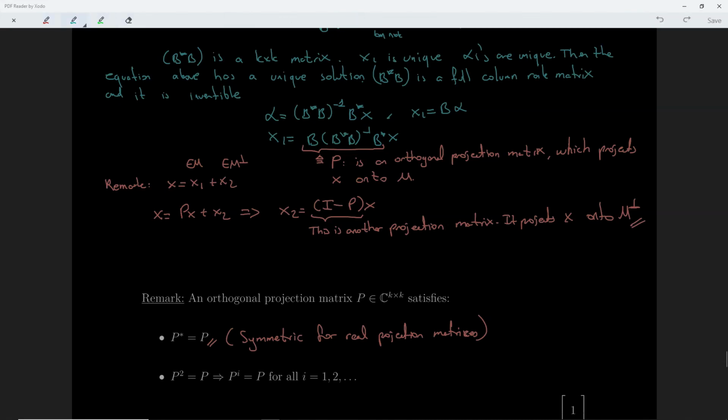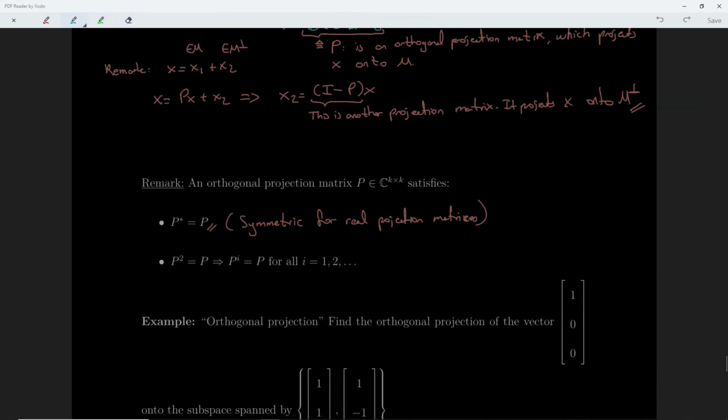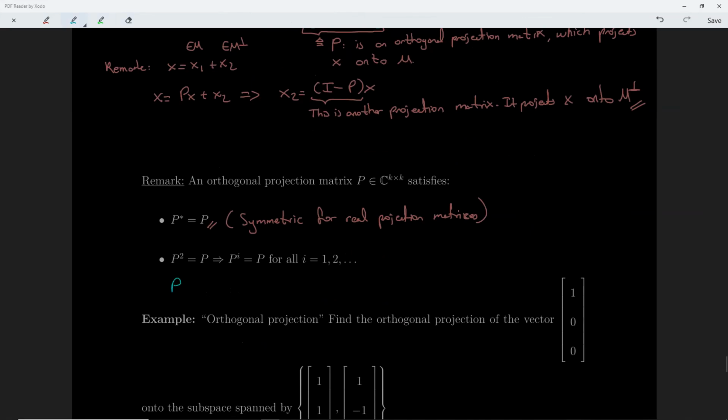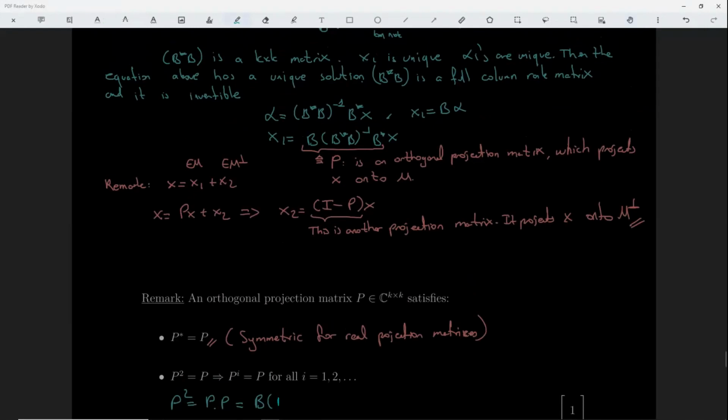Or there's also another interpretation that I would like to share with you. P squared can be written as P times P, and that will be equal to P times, where was the expression? Okay, B times B conjugate transpose B inverse times B conjugate transpose, that's P, and I'm writing B once again as B times B conjugate transpose B inverse times B conjugate transpose.